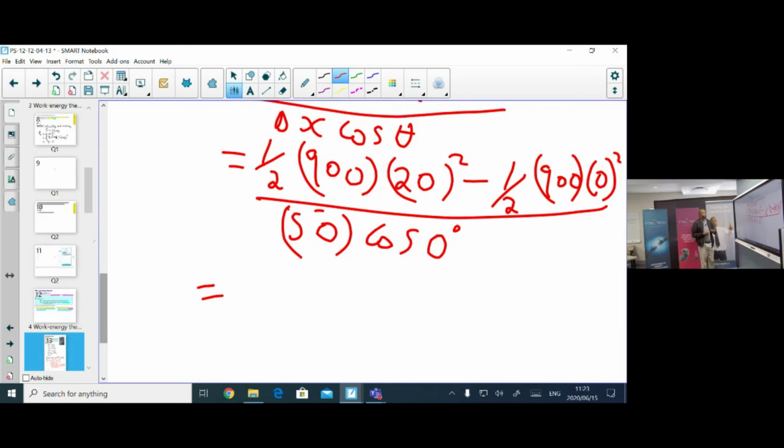Let us do calculations. I need you to use your calculator. Like I said earlier, you have to use the same calculator that you're going to use in your exam.